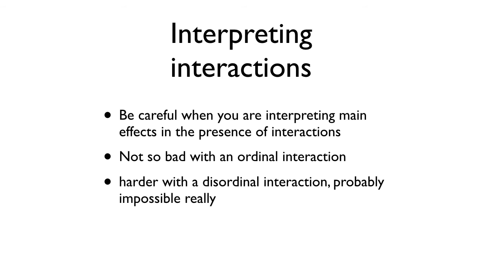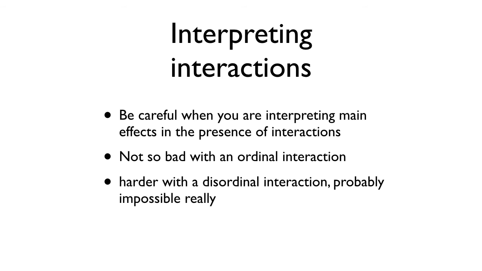Alas, no. So do you understand why this? First of all, you understand the notion that a lot of people have, that you just don't talk about main effects in the presence of interactions. Because it's hard to. You know, A1's bigger than A2, but way bigger than B2. So some people, more conservative in the way they do things, would say just don't do that. I would say if I can do it, I can do it with an ordinal interaction.